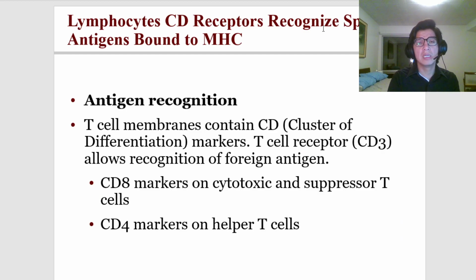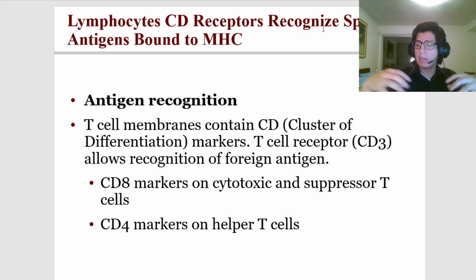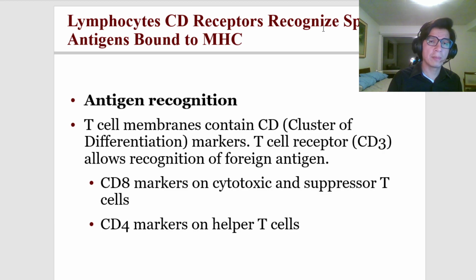So here we have the lymphocytes at the other end, your natural killer cells, your B lymphocytes, your T lymphocytes, waiting for that signal in order to perform their immune function. They do so by these membrane components called clusters of differentiation.